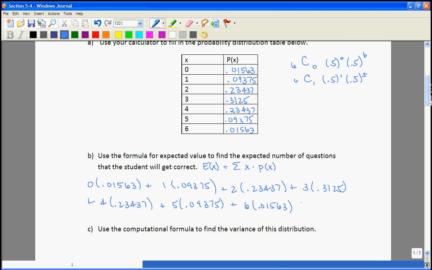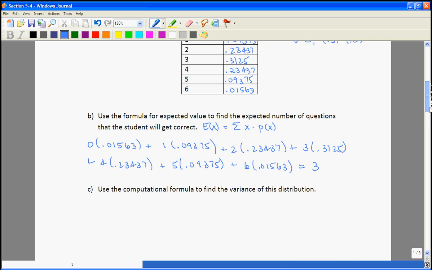Okay, so let's see what we get. And after all that calculation, I get exactly 3. Well, if you think about it, on a true-false question, if I have a 50-50 shot on every question, probably I'm going to get about half of them right. So I got 3 there.